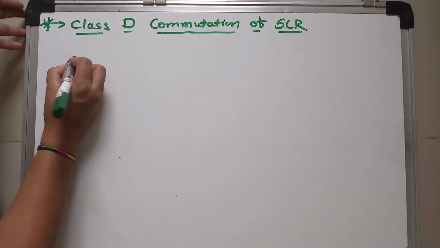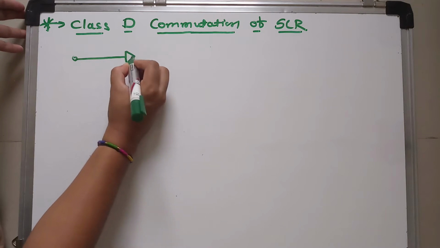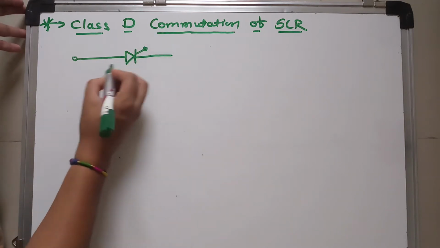In a Class D commutation, there is a main thyristor, also called the working thyristor, which is required to be turned off.